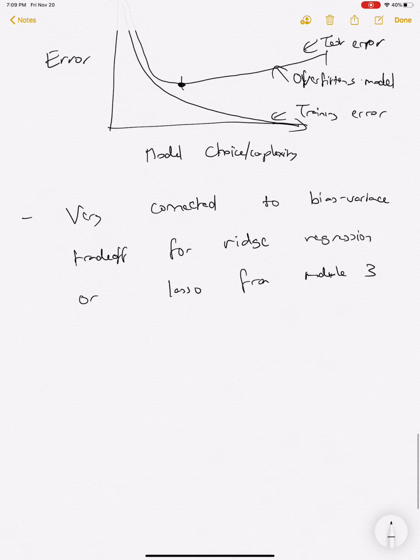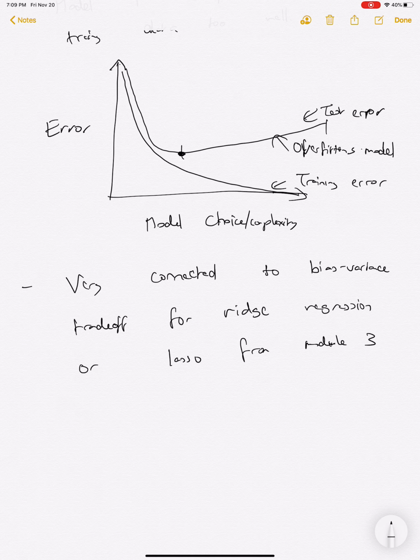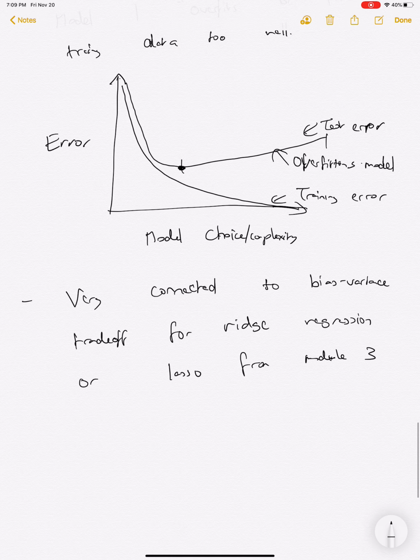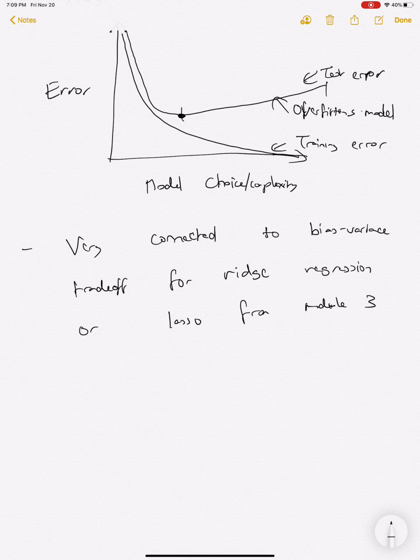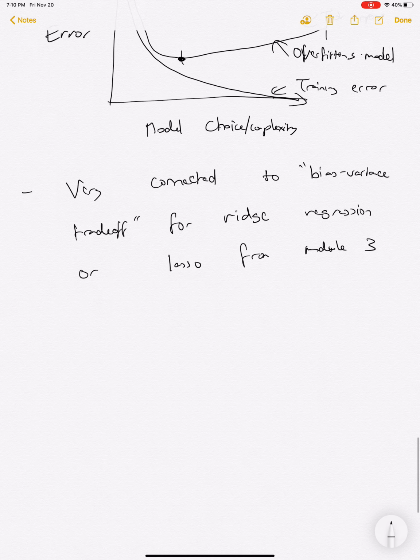You can imagine that the x-axis here, model choice or complexity, is basically something like 1 over lambda. As lambda gets bigger, you get a less complex model; as lambda gets smaller, you get a more and more complex model. So you expect to see behavior like this for regression. We actually derived this bias variance trade-off. So that's connecting the idea of training error and test error to the bias variance trade-off.